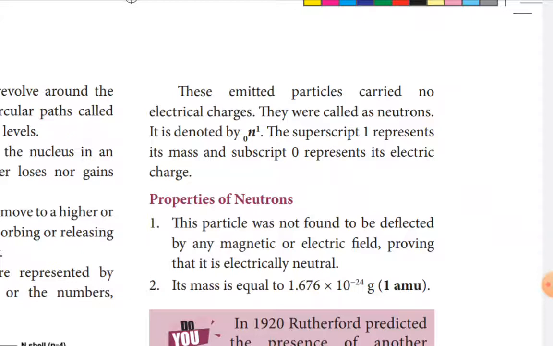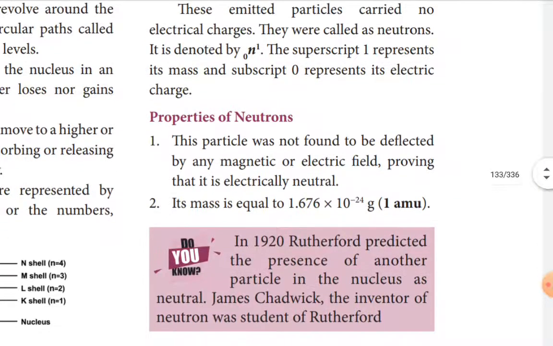What are the properties of the neutron? This particle was not found to be deflected by any magnetic or electric field, proving that it is electrically neutral. James Chadwick tested what kind of charge the particle had.